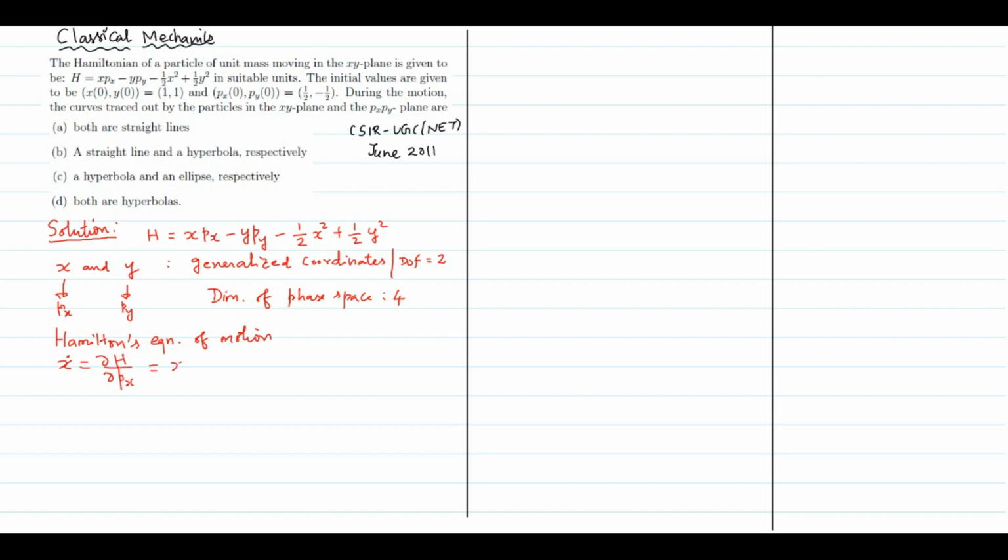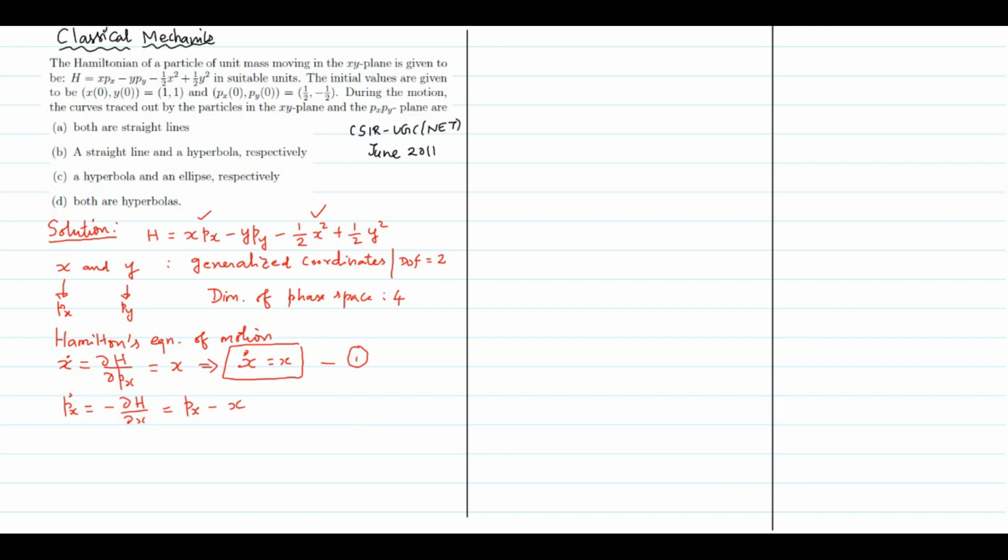x, which means x dot is equal to x. You call this equation number 1. Similarly, for px dot, minus partial H by partial x: the first term contains px and the second contains x, so you will get px minus x.